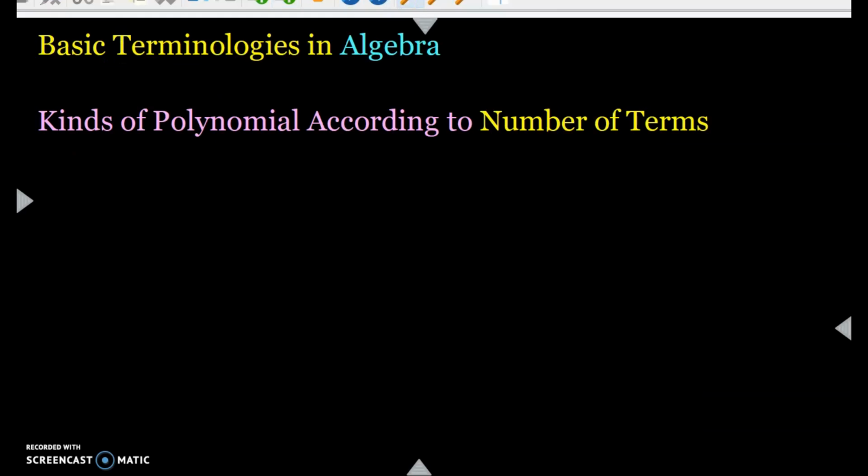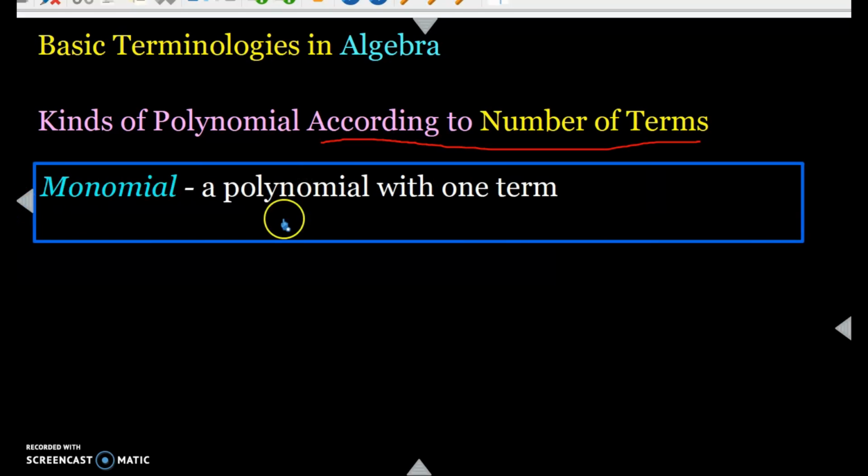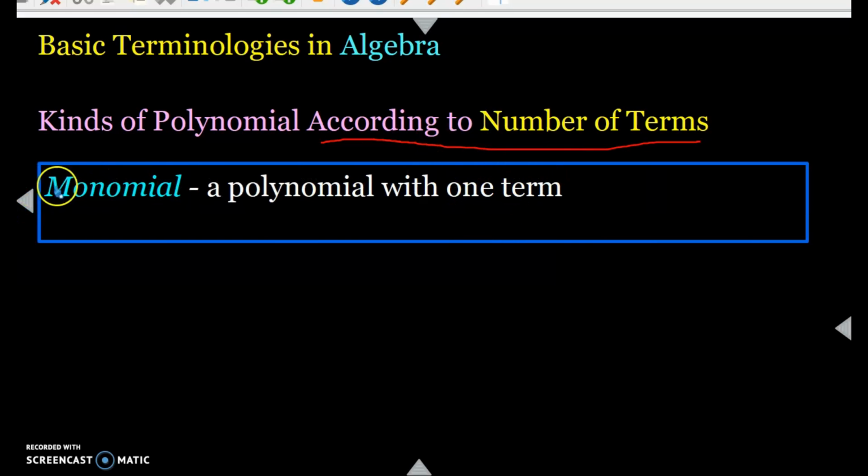Okay. So, once we know that an expression is a polynomial, we can still observe something. What we can do is to classify the polynomial based on the number of terms it has. Okay? If a polynomial contains exactly one term, then it is called a monomial.